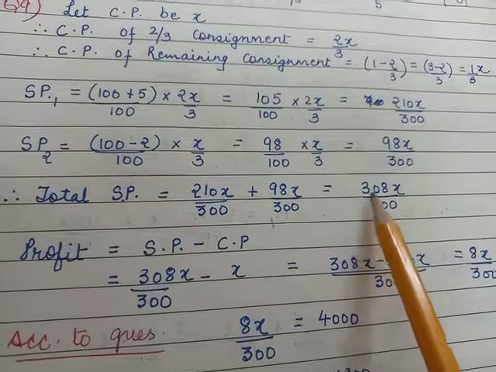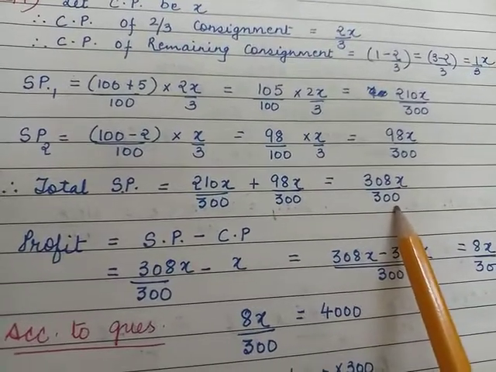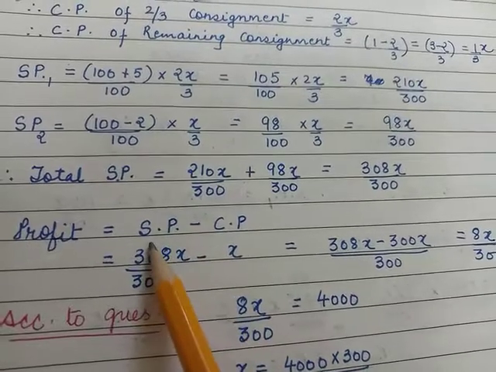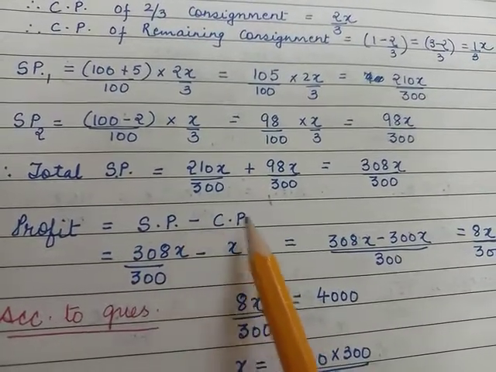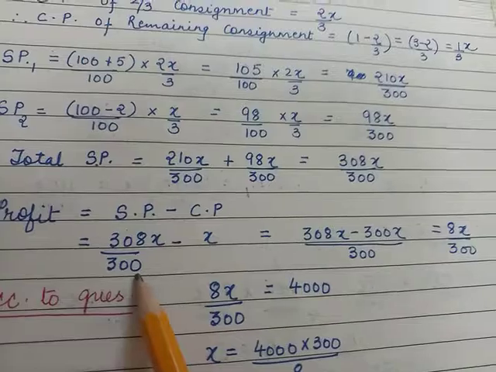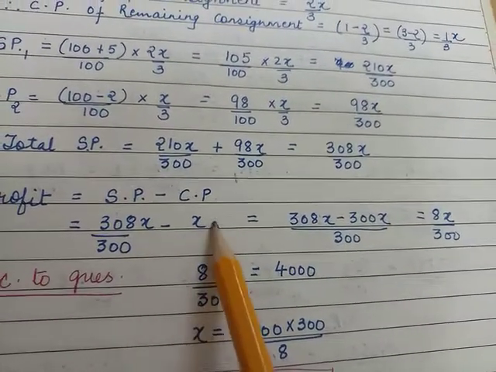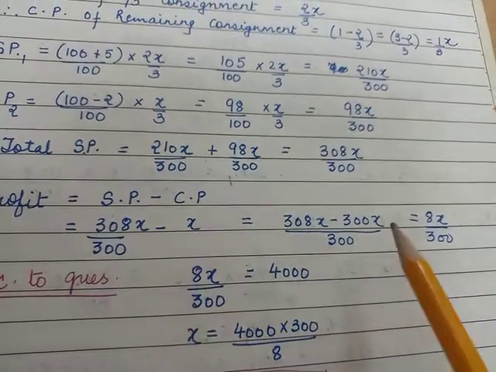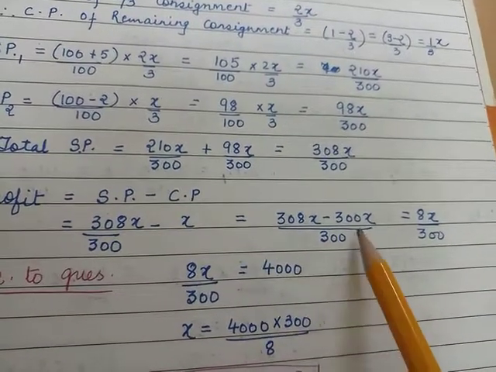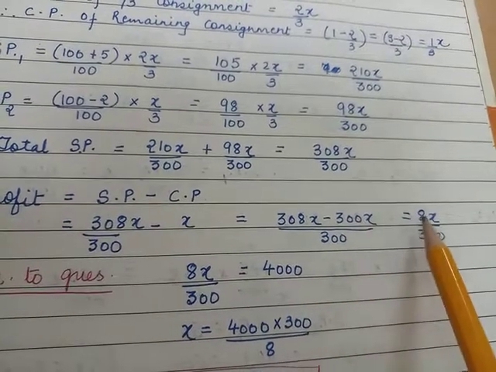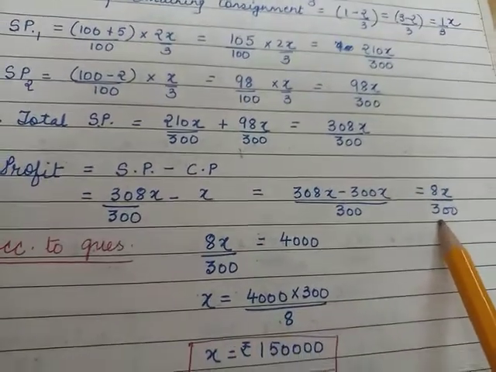So that becomes 308x upon 300. As he is having a profit, profit is equal to selling price minus cost price. That will give you 308x upon 300 minus x. If you subtract, 300 will become the LCM. So you take the LCM, that will give you 8x upon 300.